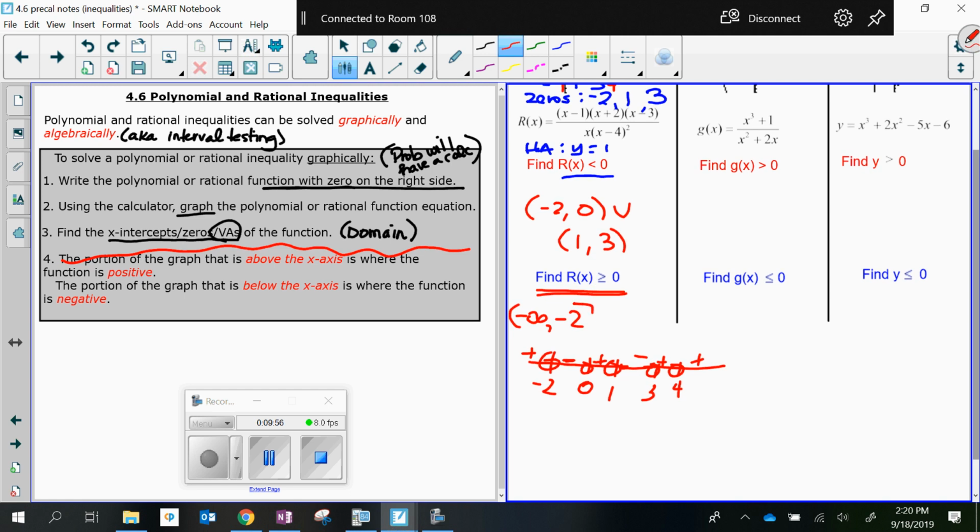Actually, yes, it is a 0, so that should be filled in. Okay? All right. Give me another one, Emma Bowman. Because that's a vertical asymptote. Good job. Okay, because that's a 0. Vertical asymptote, you can't include it. Okay, good work. And Ollie, what about anything more?